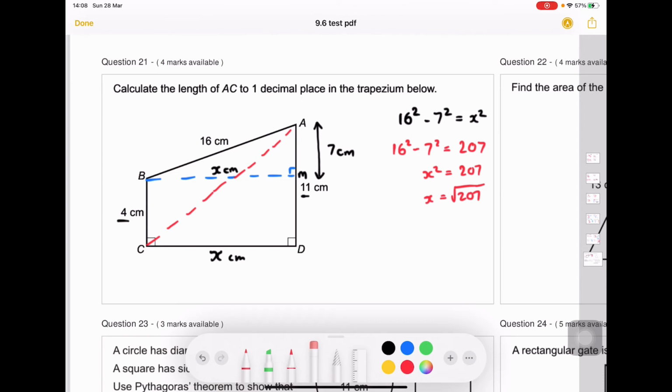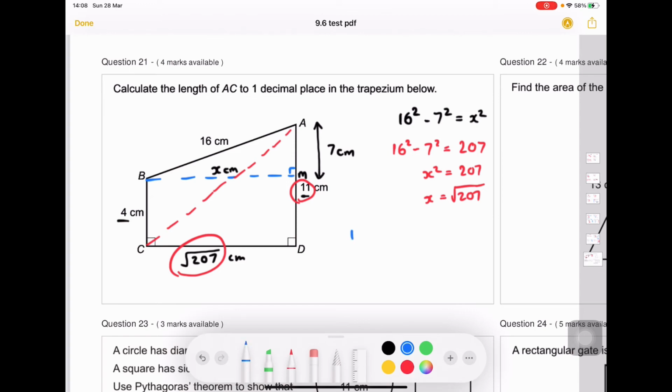Let me rub this off and write, okay, now we can work out what AC is by using Pythagoras' theorem with these two values.